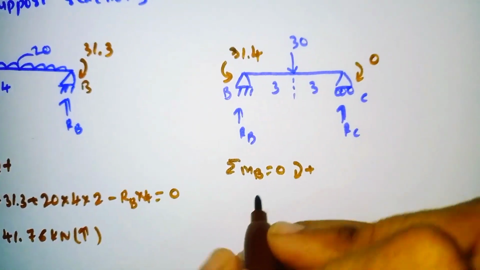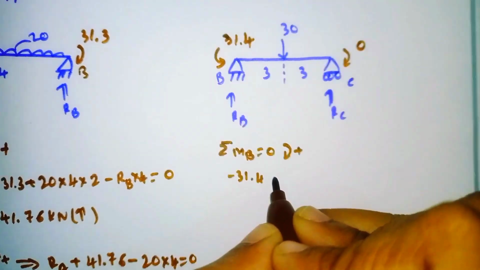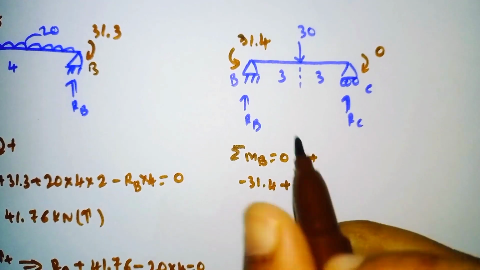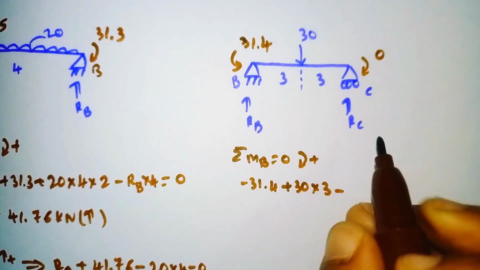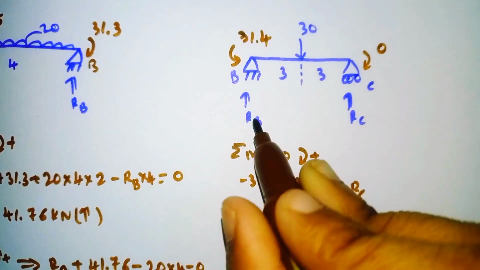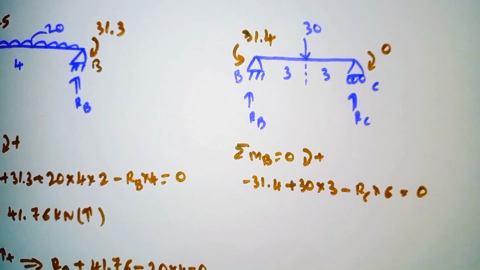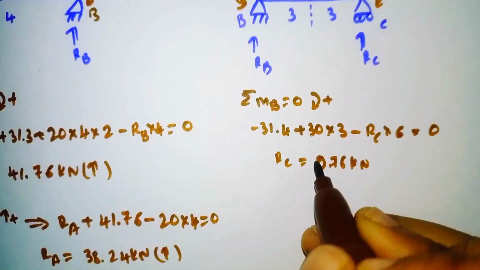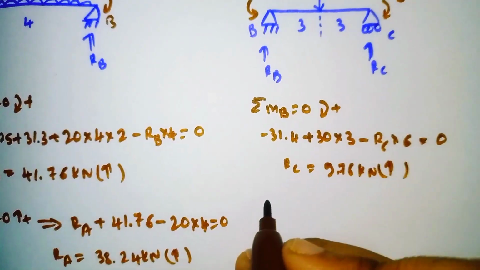It is anti-clockwise, means minus 31.4. So point load is there, so plus 30 into, at a distance of 3, minus RC into the distance from here to here, 6, is equal to 0. So by simplifying, RC will come out as 9.76 kilonewton. It is also positive, upward.